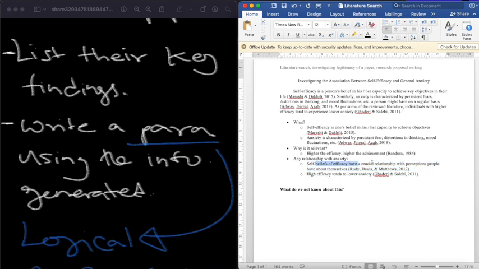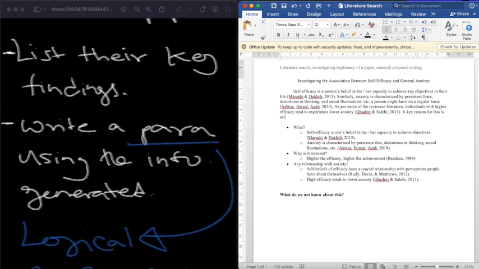It says self-beliefs of physics are crucial relationship with perceptions people have about themselves. A key reason for this is self-efficacy's ability to influence perceptions people have about themselves.